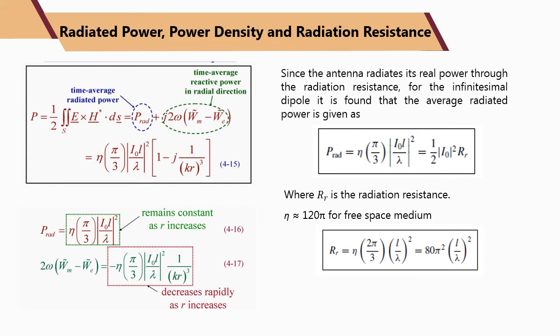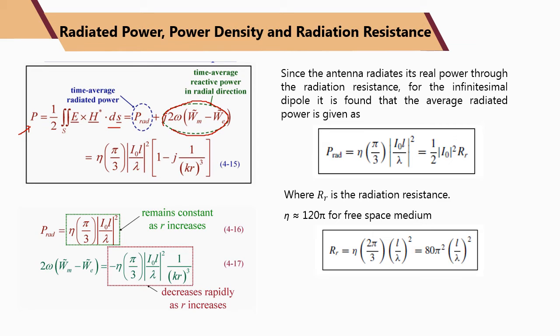Okay, next, the radiated power, power density and radiation resistance of the infinitesimal dipole. P, the complex power in the radial direction, can be determined by the integration of the product of E and H across the surface area. P rad is the radiated power, while the other component is the magnetic and electric time average reactive power in the radial direction.